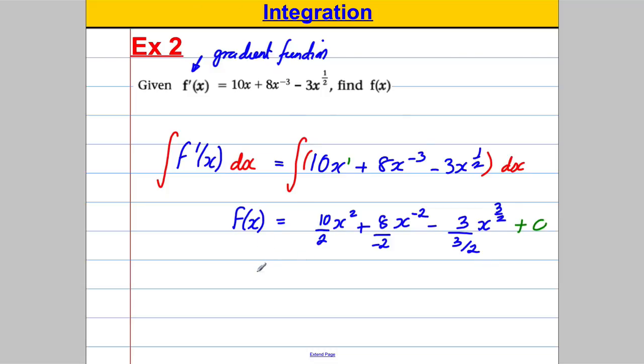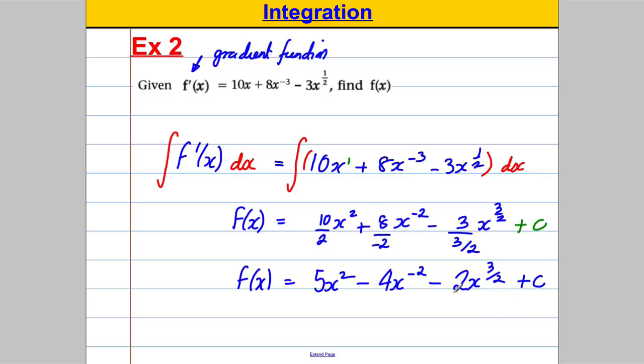So now I must simplify and tidy up. f of x must therefore be equal to 10 over 2 is 5x squared. 8 divided by negative 2 is negative 4. So plus negative 4 is just subtract 4x to the negative 2. And 3 divided by 3 over 2, we've seen that 3 times now. That is just subtract 2x to the 3 over 2 plus c.